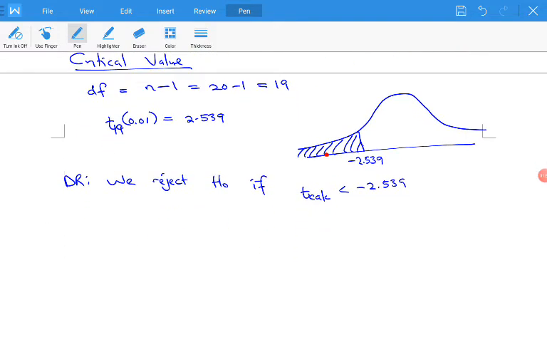So since T calc is less than negative 2.539, we reject the null hypothesis.